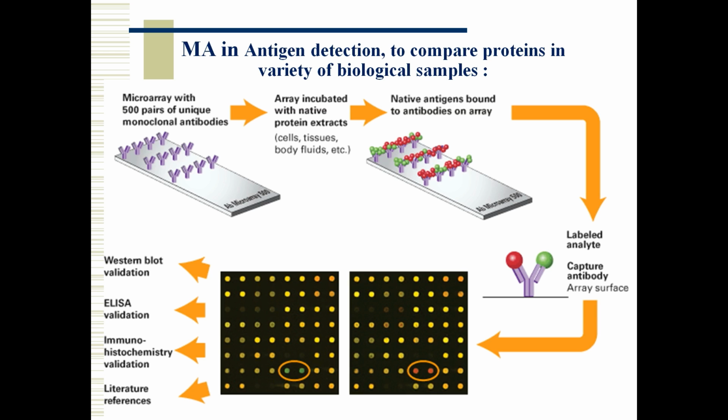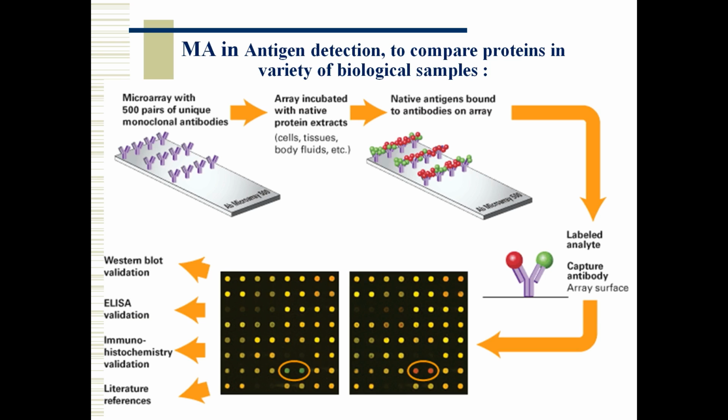Then microarrays in antigen detection, to compare the proteins in a variety of biological samples. Microarrays with 500 pairs of unique monoclonal antibodies are there and the array is incubated with native proteins, then native antigen binds to antibodies on the arrays.